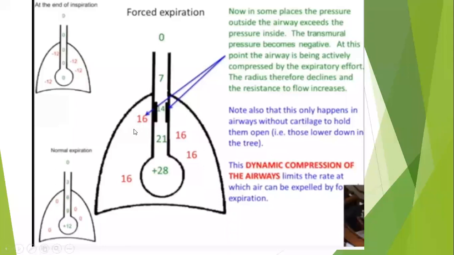So it is negative, and what happens there is compression of the airway. This is called dynamic compression of the airway. The air is not able to get out after that point. No matter how much you try to force it out, the more you force it, the more the airway will collapse, so you will not be able to expire the air after that point. This happens in individuals during forced expiration. Next slide.